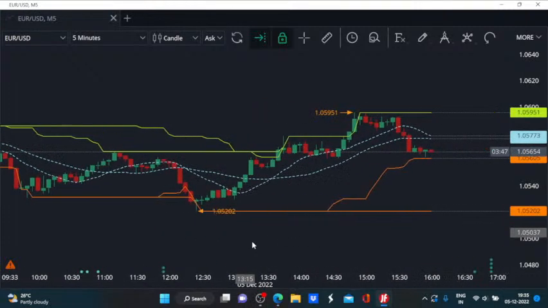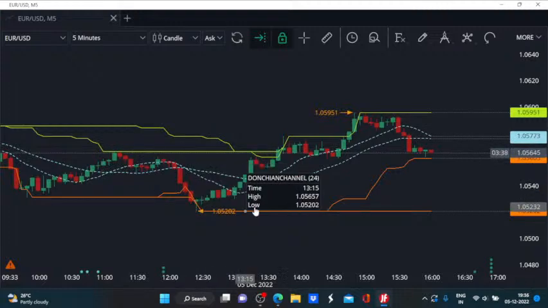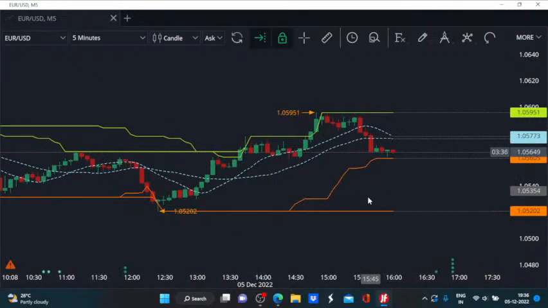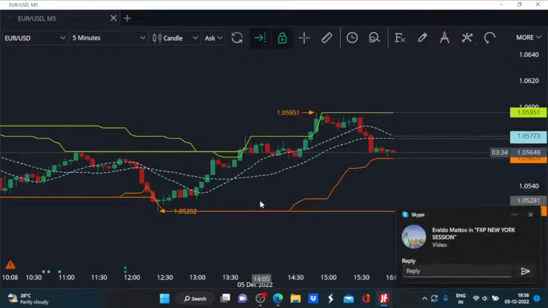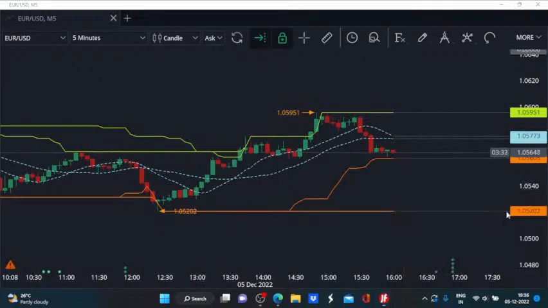But of course, we have to keep this immediate swing low of 1.052 in mind, and we have to take the trade if this level doesn't give way and it continues to provide support in the coming hours also.